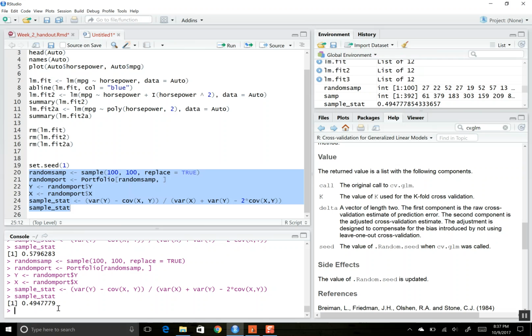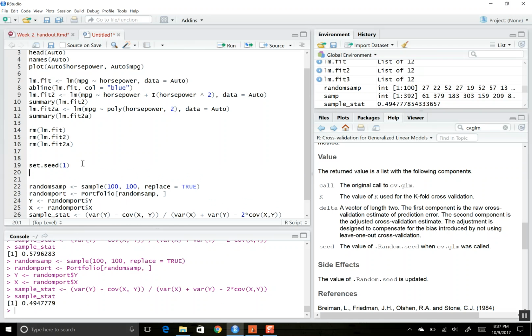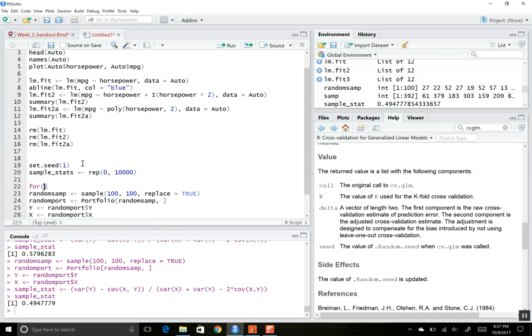And so we can repeat this many times and get an idea of the sampling distribution of all of these sample statistics, okay? So in the manual way, I would create a vector of 10,000, and then I'll just do a for loop for i in 1 through 10,000 and throw all of this in here.